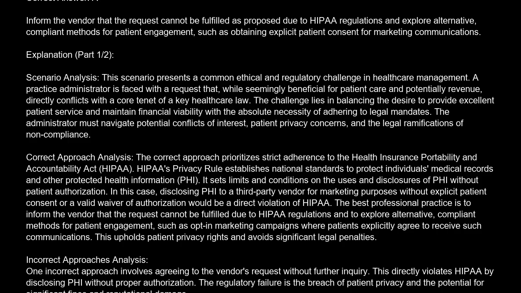The best professional practice is to inform the vendor that the request cannot be fulfilled due to HIPAA regulations and to explore alternative compliant methods for patient engagement, such as opt-in marketing campaigns where patients explicitly agree to receive such communications. This upholds patient privacy rights and avoids significant legal penalties.